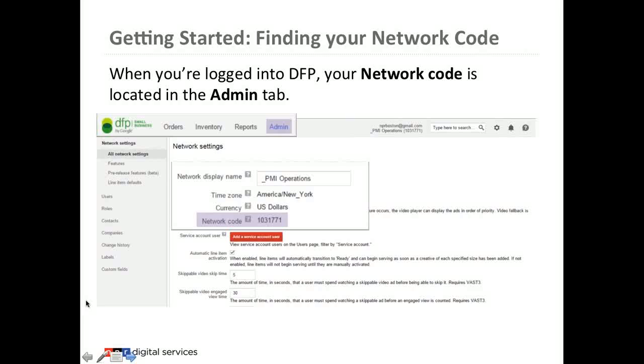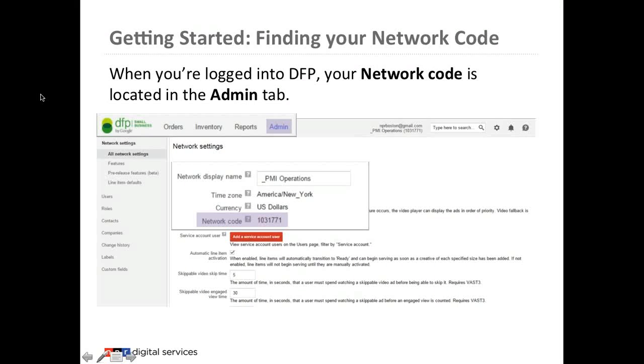So this is an example of where you would go to find your network code, and I'll take this time to jump out and go into my DFP account just so you can have an idea of how this will actually work.